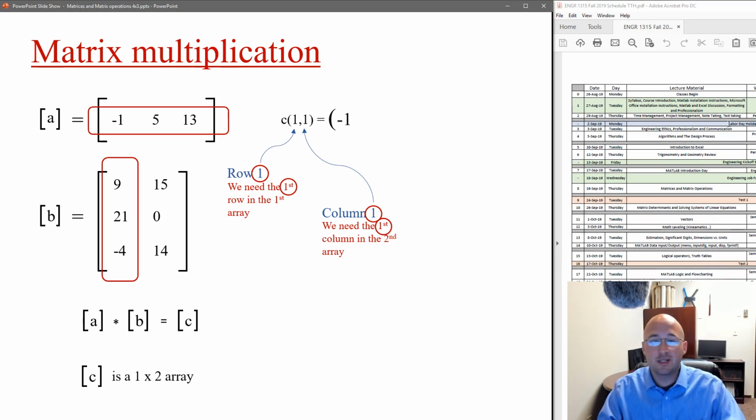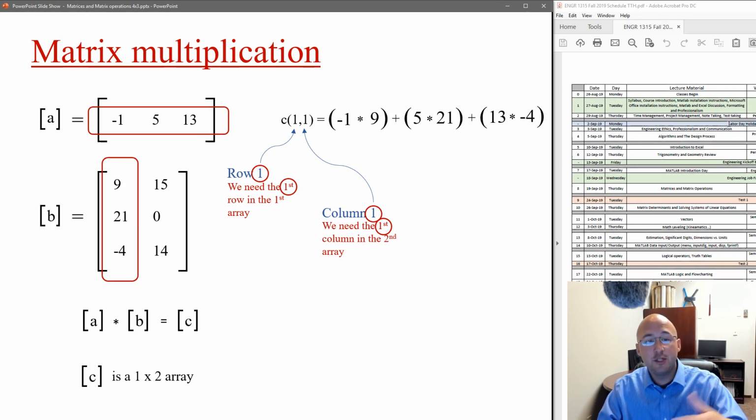The first element in the row is -1. I multiply that by the first element in the column, 9. To that, I add the second element in my row of interest times the second element in my column of interest, so 5 times 21. To that, I add the third element in my row of interest, 13, multiplied by the third element in my column of interest, -4.